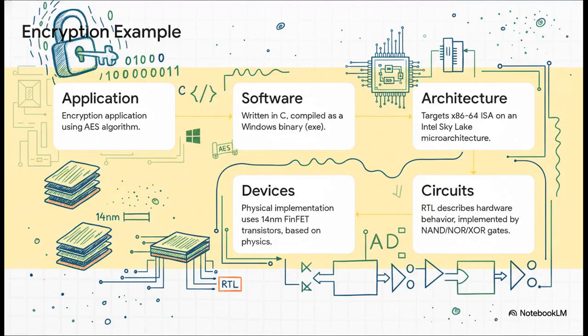It's targeting the x86-64 ISA, and it's running on a specific microarchitecture, like Intel's Skylake. From there, the RTL describes the behavior of the circuits, which are actually built using logic gates, and finally, those gates are built from physical devices. In this case, teeny tiny 14-nanometer transistors, all of which are governed by the laws of physics. And just like that, we've traveled from a high-level idea all the way down to silicon.